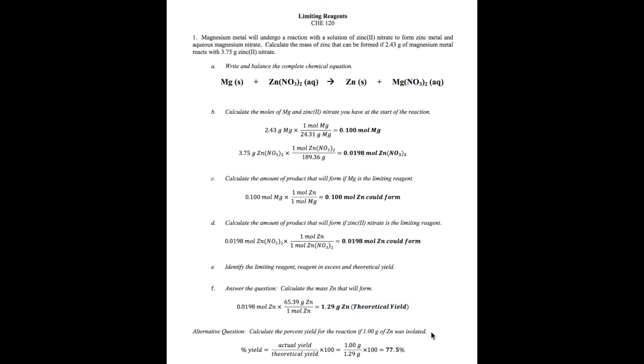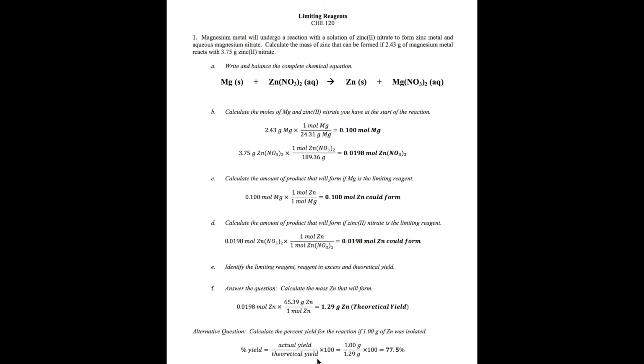Now, finally, a pretty typical question for a lot of these problems that we'll be working looks like this alternative question I have listed here that asks you to calculate the percent yield for the reaction if 1 gram of zinc was isolated. That tells you that in this reaction, 1 gram of zinc is what I actually isolated. This 1 gram of zinc is going to be my actual yield.